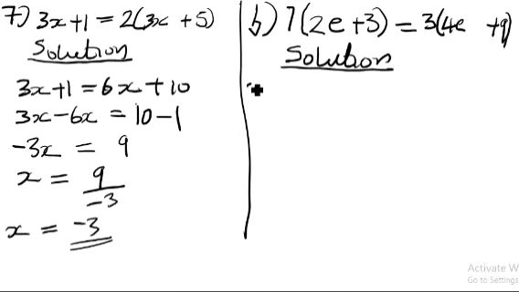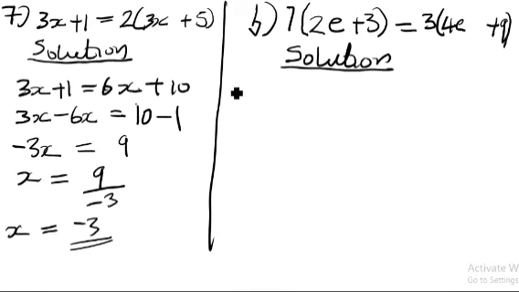let's open the bracket. I have 7 multiplying 2, which is 14e. 7 multiplying 3 gives you 21, plus 21, equal to 3 multiplying 4, which is 12e, plus 3 multiplying 9, which is 27.